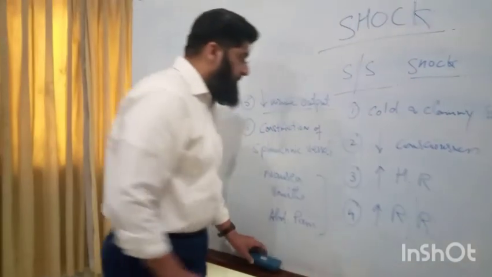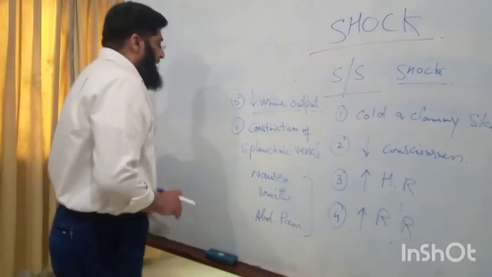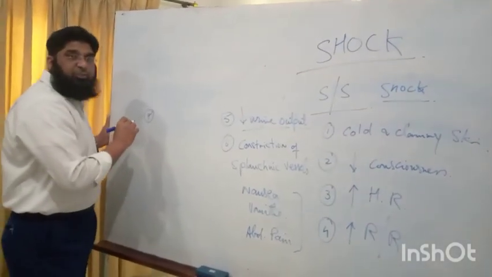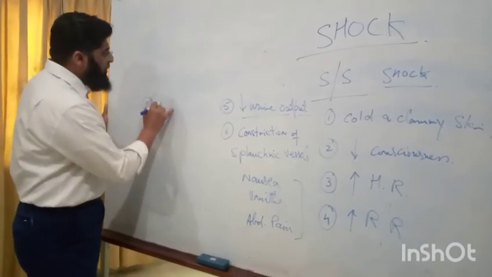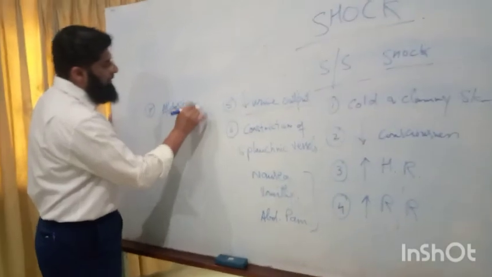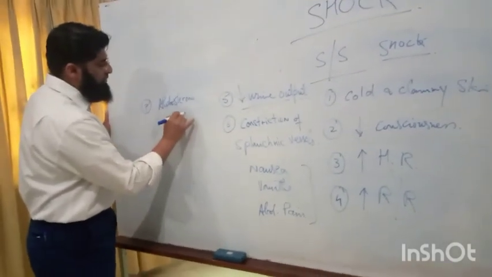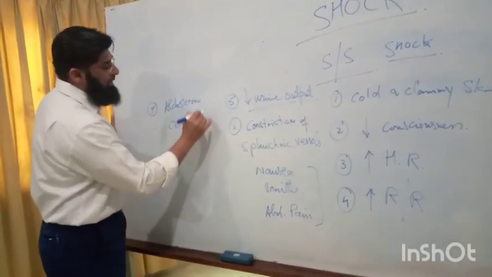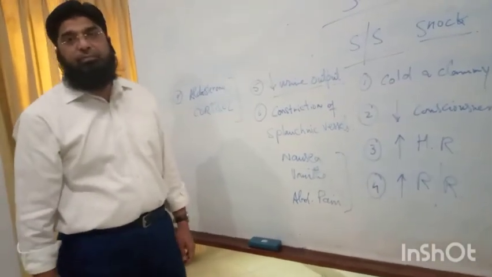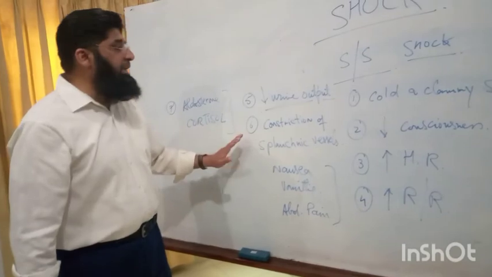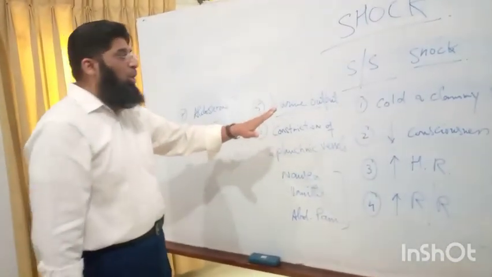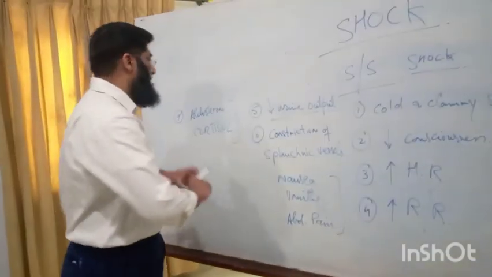Okay. Now students, there is increased production of aldosterone and cortisol hormones by the adrenal glands. These are the main signs and symptoms which are common to all types of shock.